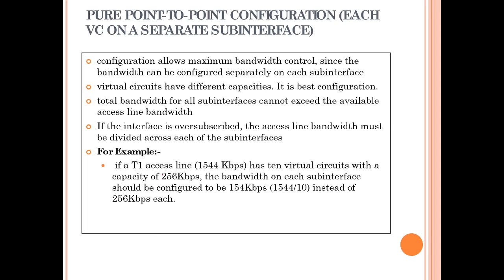Point-to-point configuration, where can we use it? This allows maximum bandwidth, since each bandwidth can be configured separately on each interface. So if we have 154K and we have 10 virtual circuits with the capacity of this, the bandwidth on each subinterface should be configured to 154.